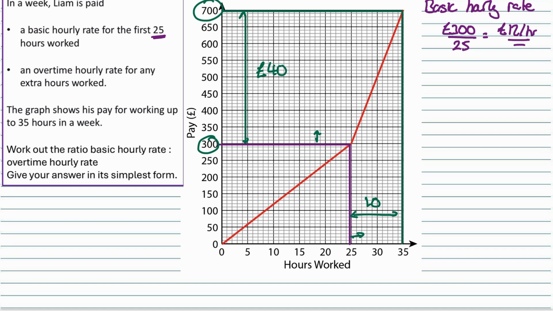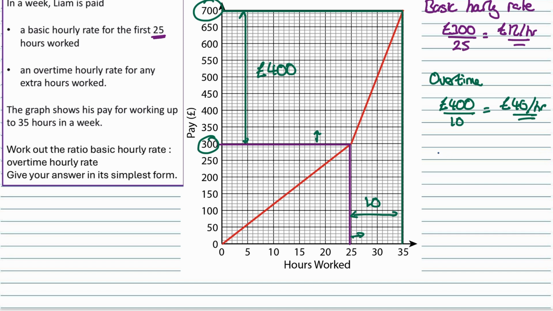So that'd be £400. So the overtime will be the £400 divided by the 10 hours of overtime worked. So that would be £40 per hour for overtime.